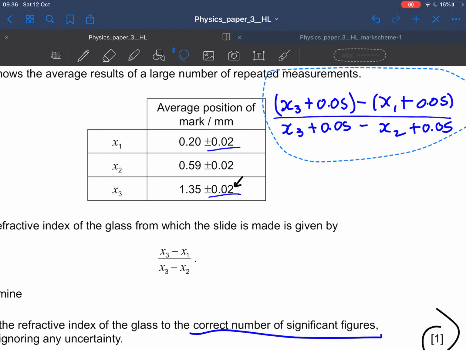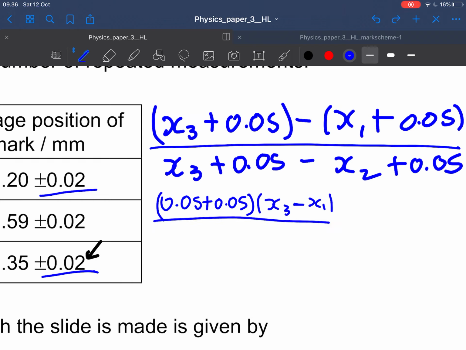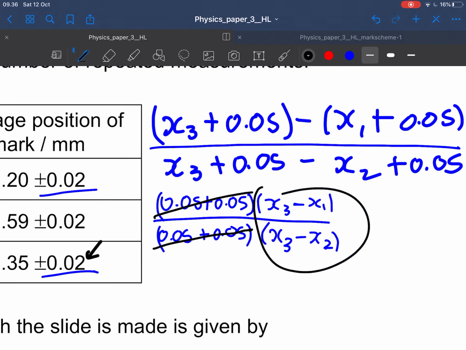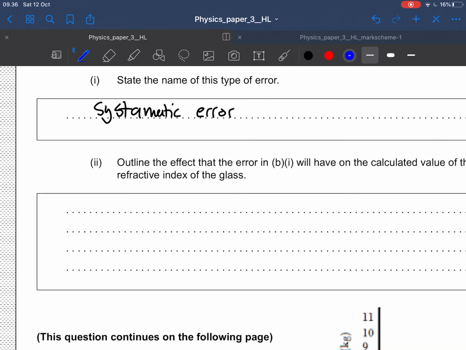And if you take this out, what you find is that it just cancels itself away, because the denominator and the numerator remain unchanged. And then you just come back to the normal refractive index. So actually, what happens is that there's no effect.